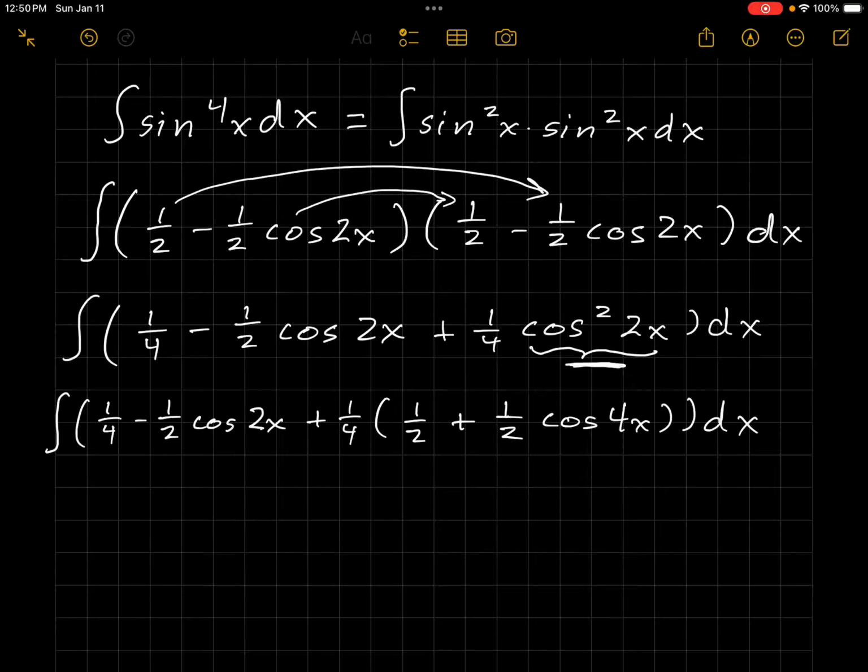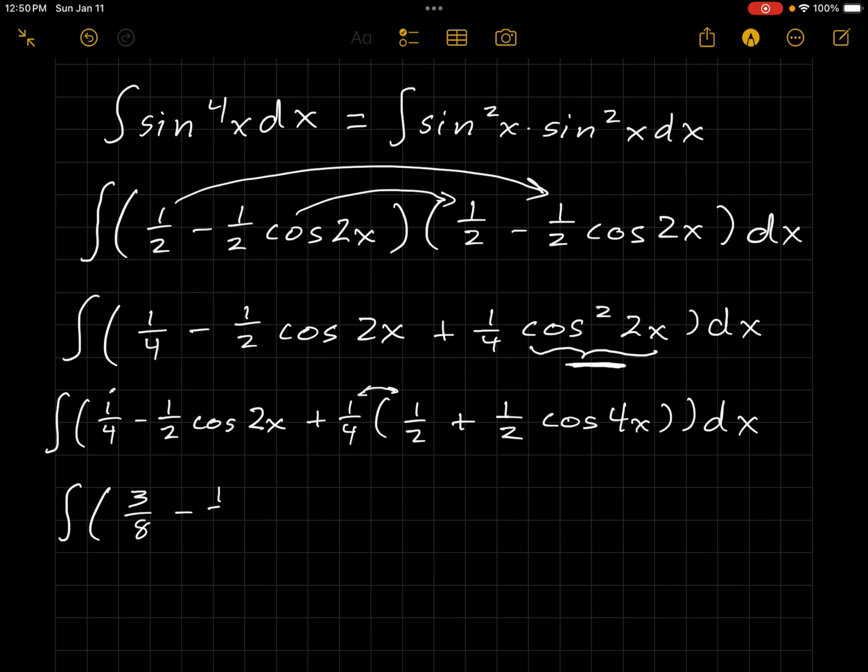So let me clean this up just a little bit one more time before I find an antiderivative. I would have 1/4 from there and then 1/8 from here, which will give me 3/8. Remember, this is not the antiderivative, I'm just rewriting the integrand.